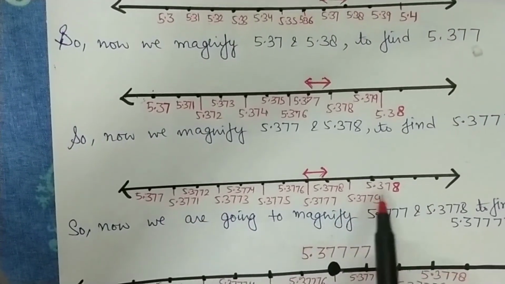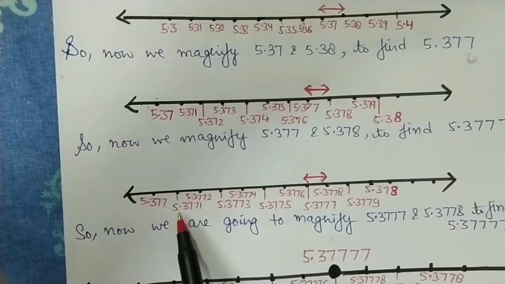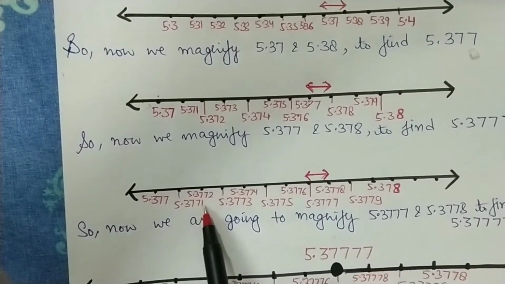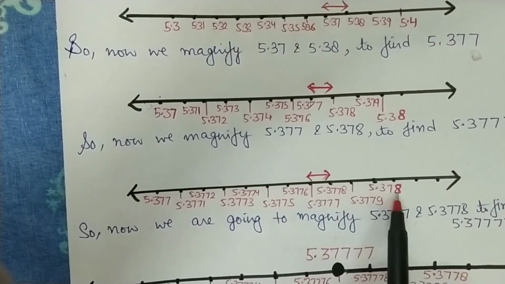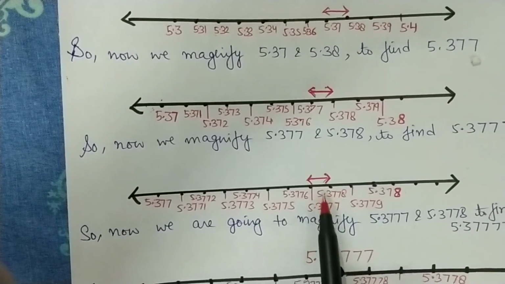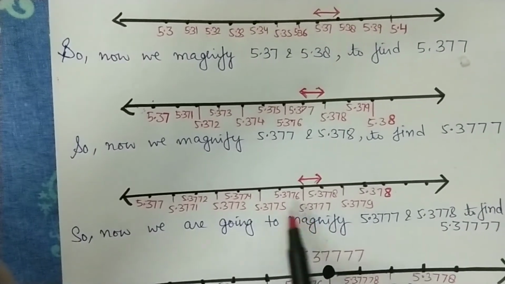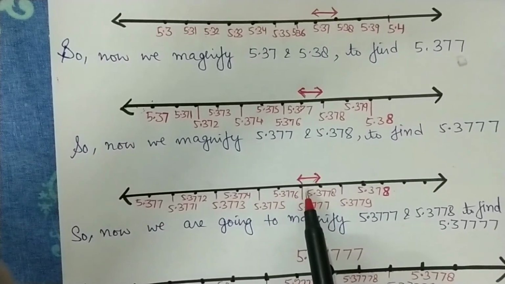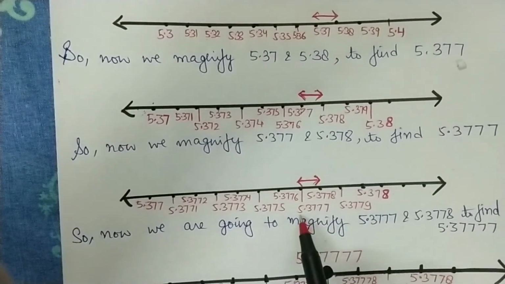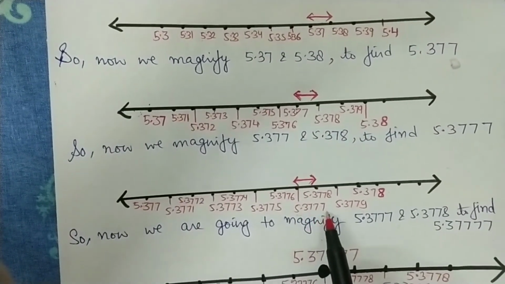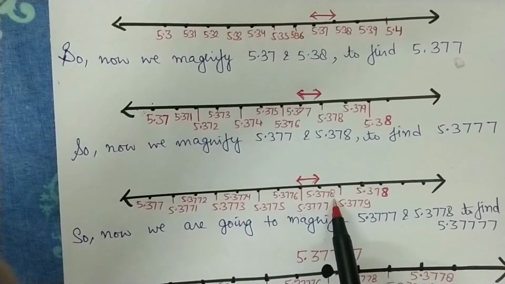We have to magnify from 5.377 till 5.378. Then we get 5.3771, 5.3772, and so on till 5.378. Now this number, 5.37777, up to 5 decimal places, will lie in between 5.3777 and 5.3778.